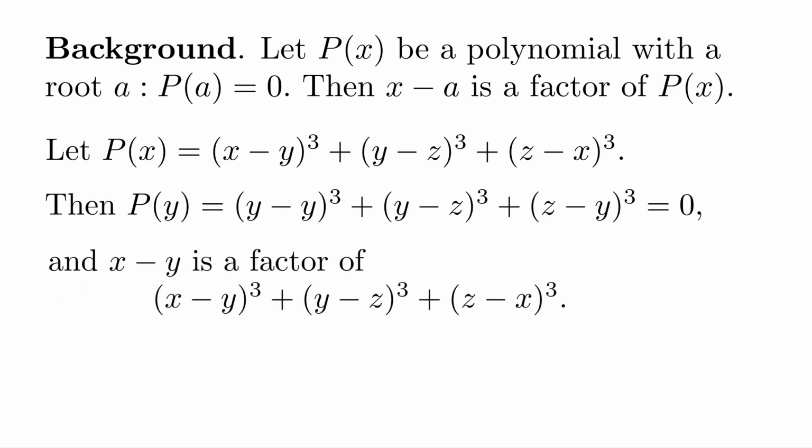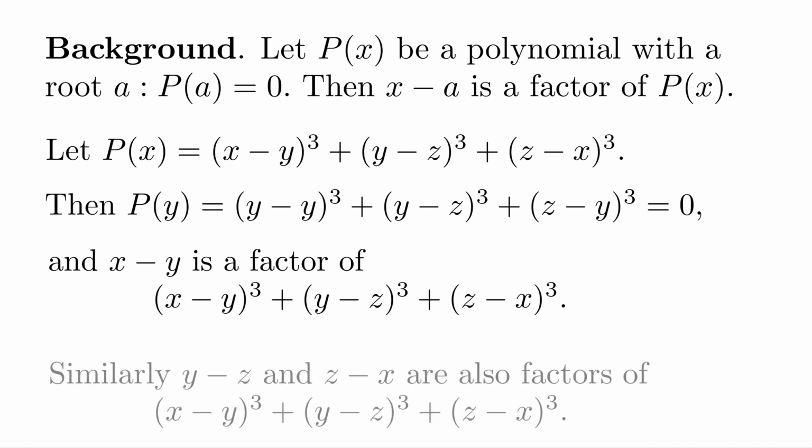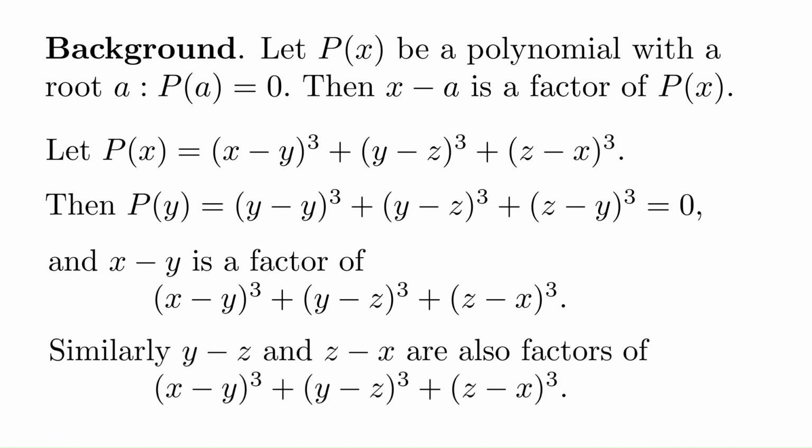Then, by the trick, we know x minus y is a factor of the polynomial. Because the polynomial is cyclic, we can similarly conclude that y minus z and z minus x are also factors of the polynomial.